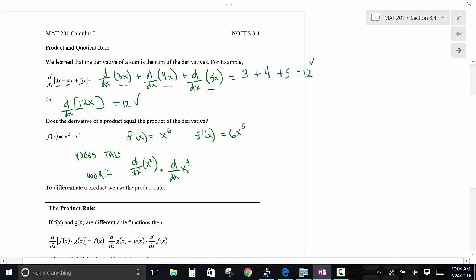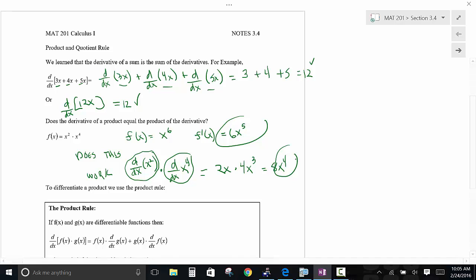This is a real important thing to pay attention to, to see if this works or not. What's the derivative of x to the 2nd? 2x. What's the derivative of the next one? 4x cubed. And then if you multiply that out, you get 8x to the 4th. Compare. Look at that. It doesn't work. It never does. It's a nice thing to try, but it doesn't work.